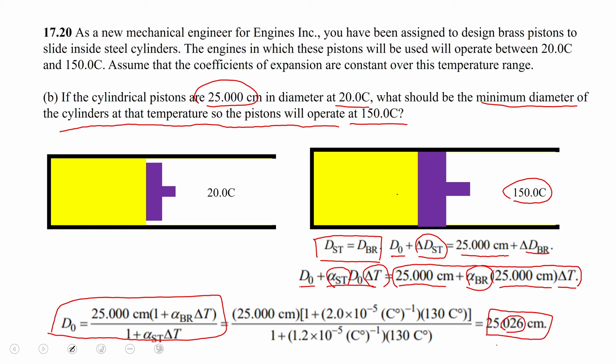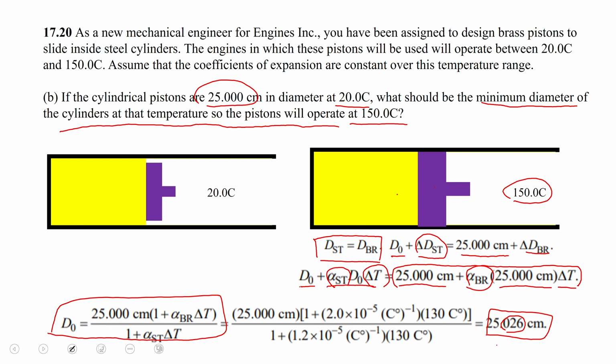So actually we cannot have a material that perfectly matches at different temperatures. So we have to sacrifice some, and if we know the temperature range, then we have to select the best material for both of these.